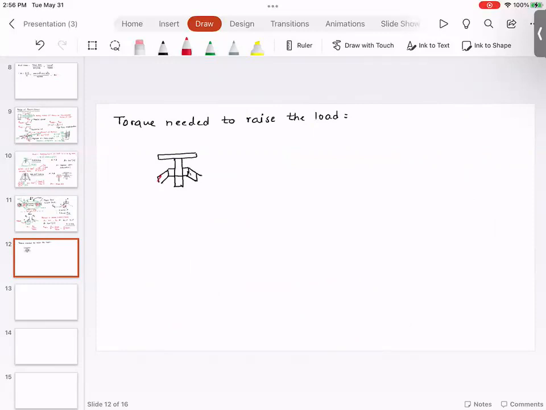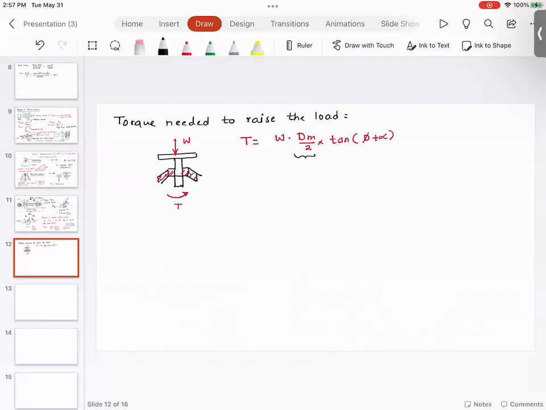If you look at the nut and screw assembly, you need to apply some torque so that this rod can be raised. And that torque T is given as W multiplied by the mean diameter of the screw divided by 2, which gives you the radius, tan of phi plus alpha.